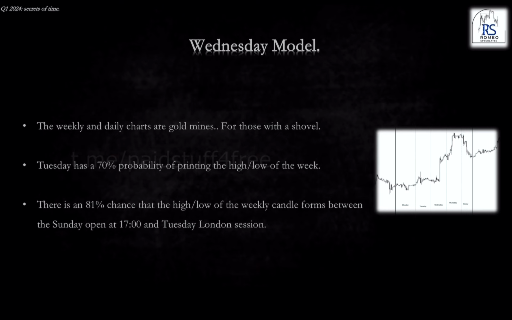This is a concept discussed by many great minds in the realm of technical analysis. One of them, most notably, is William Gann. And of course, not a surprise, ICT also mentions this in his teachings, which is true. Tuesday has a high chance to print the high of the week.